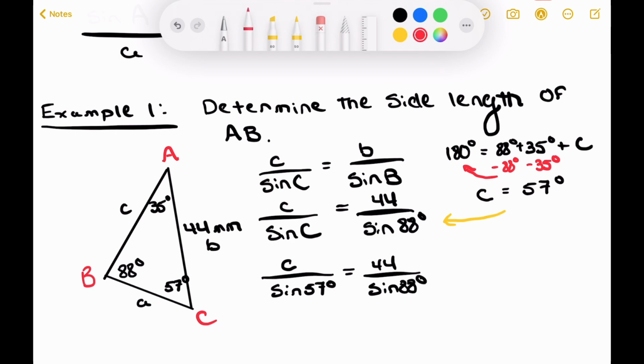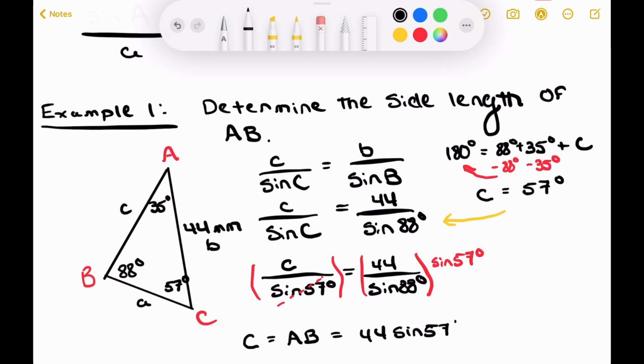And what we have to do to get C alone is multiply both sides by sine 57 degrees. And that's going to end up canceling the sine 57 out of the bottom, but multiply it to the other side. So we get the side length C, which is also equal to AB, equal to 44 sine 57 over sine 88.